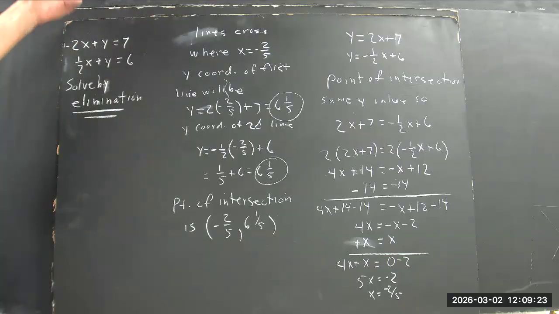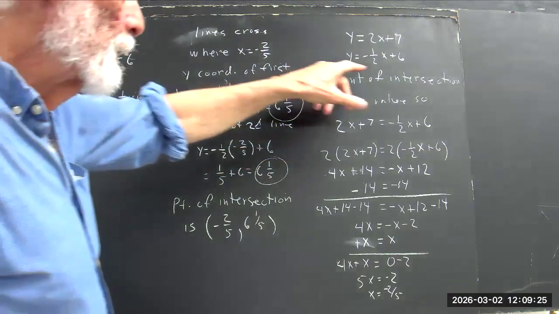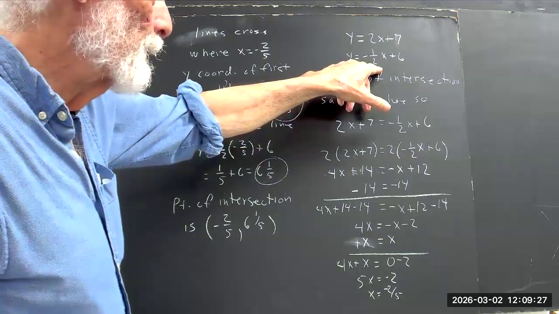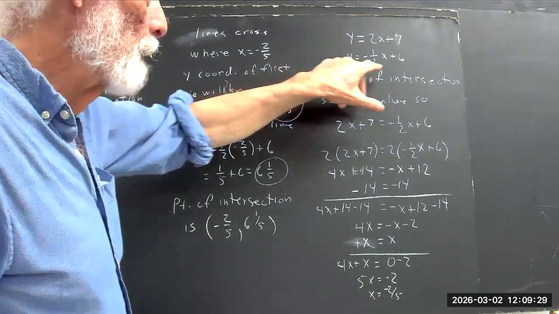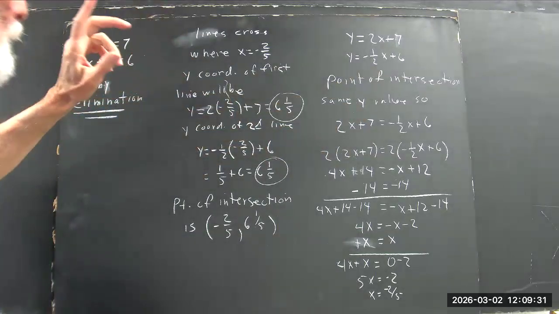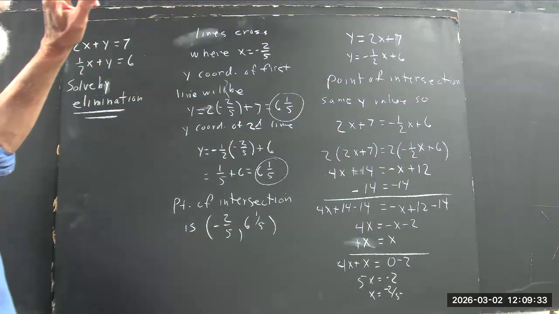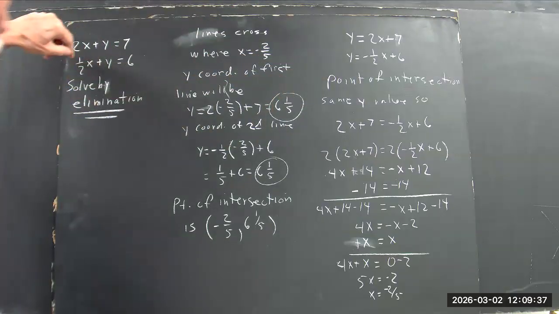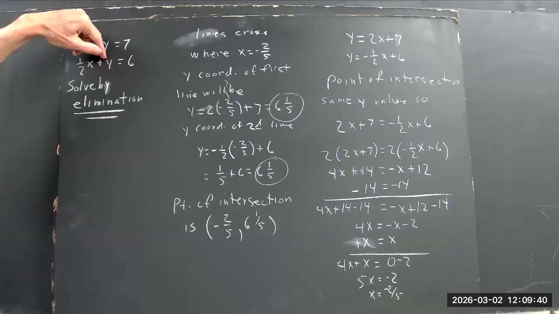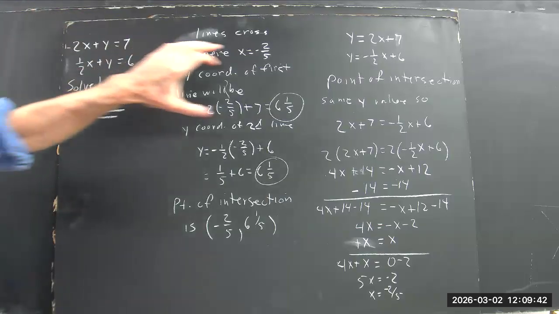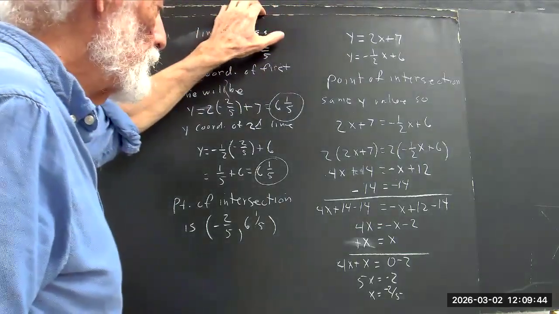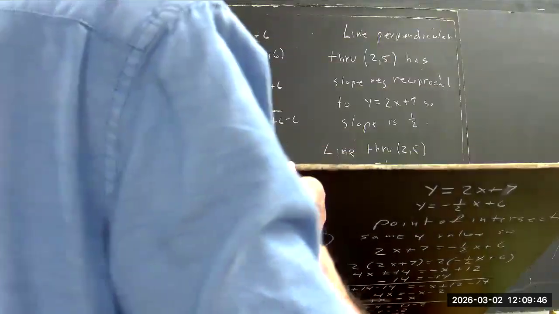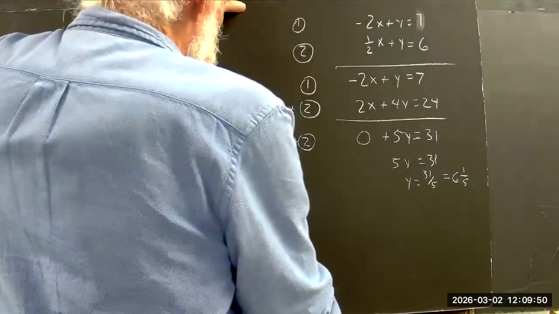Well, it's negative 2x plus y. And to the second equation, I added 1/2 x, giving me 1/2 x plus y equals 6, the way I wrote it down and the way you've been working on it. So these equations are totally equivalent to the two equations. And what we're getting in this solution is totally equivalent to the solution that we got previously.